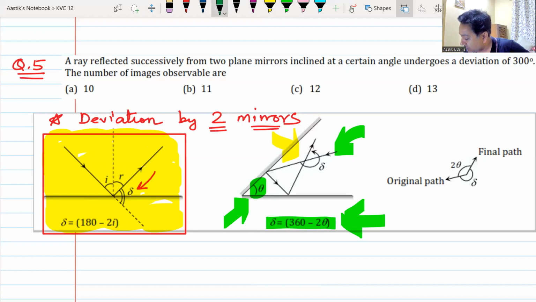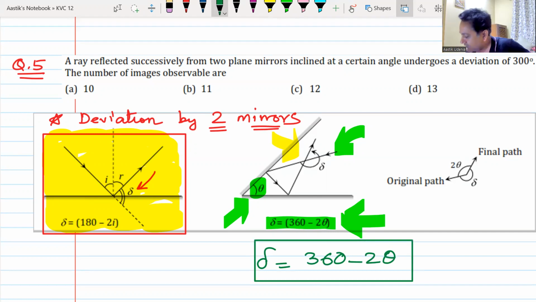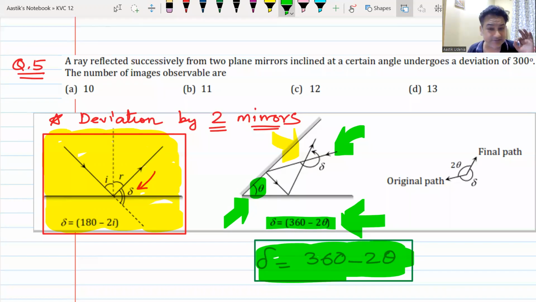The deviation in this case is 360 minus 2 times theta, where theta is the angle between the two mirrors. So the deviation caused by two mirrors is 360 minus 2 theta.